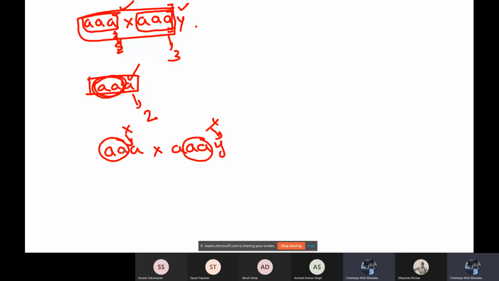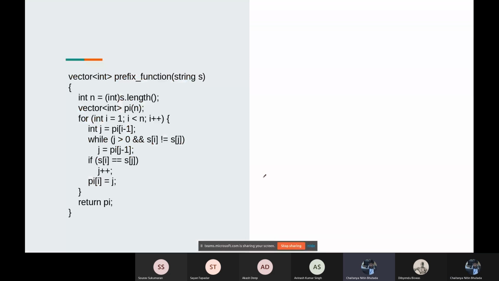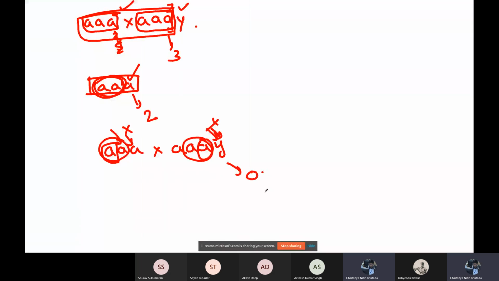We go to the inner block of this, which is A, and here again we check A and Y is not equal. So the value of pi here will be 0. I will go through the code and explain also, no worries about that. Is it clear, Divyendu, about that AX AY? Okay, cool.